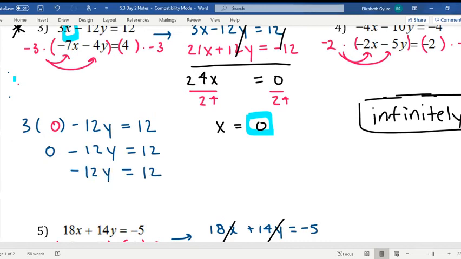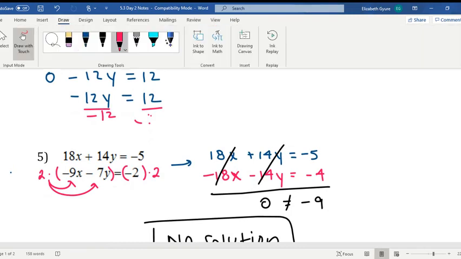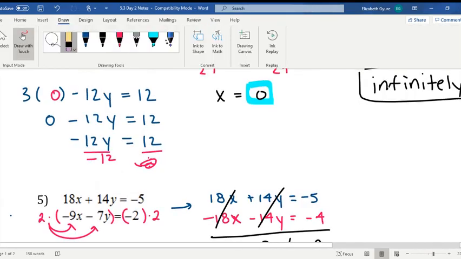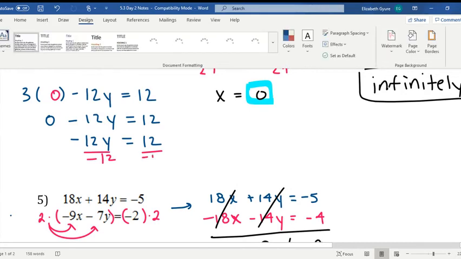And now we need to divide both sides by what? Negative 12. Very good. So divide both sides by negative 12. Oh, I don't know why it won't let me write there. It's mad at me. Hold, please. All right, we're going to divide by negative 12.